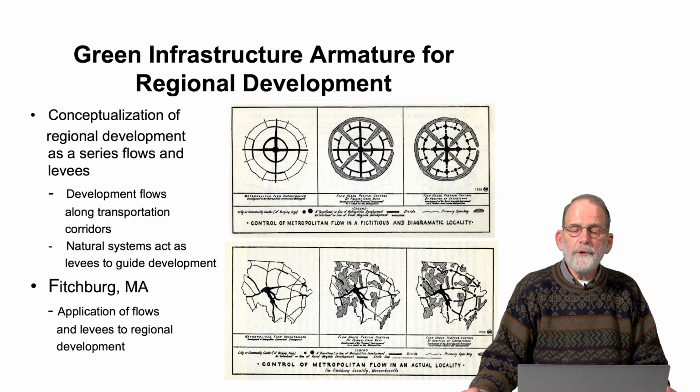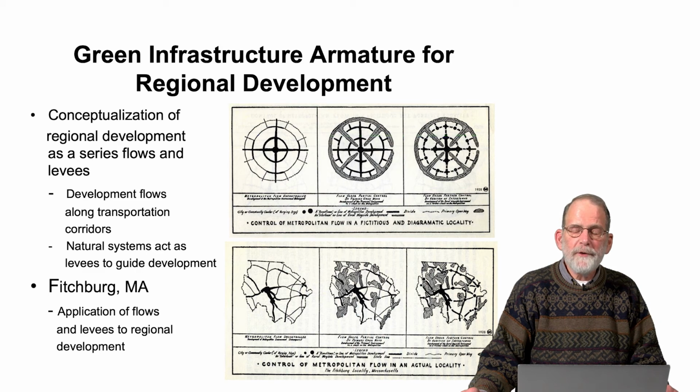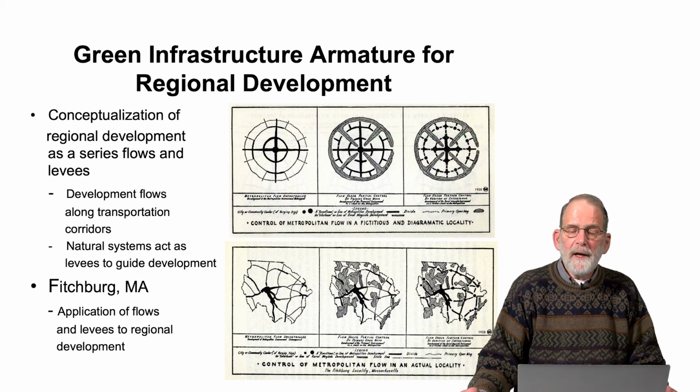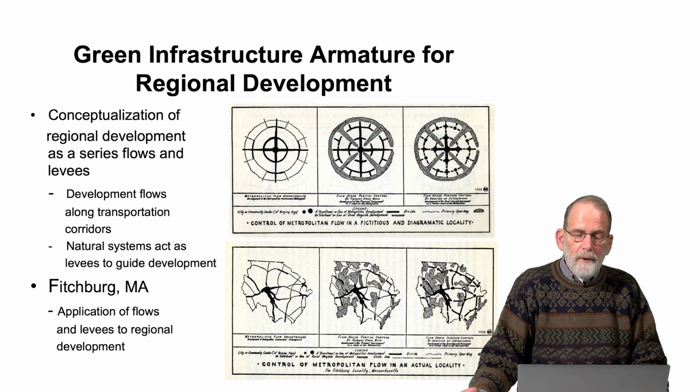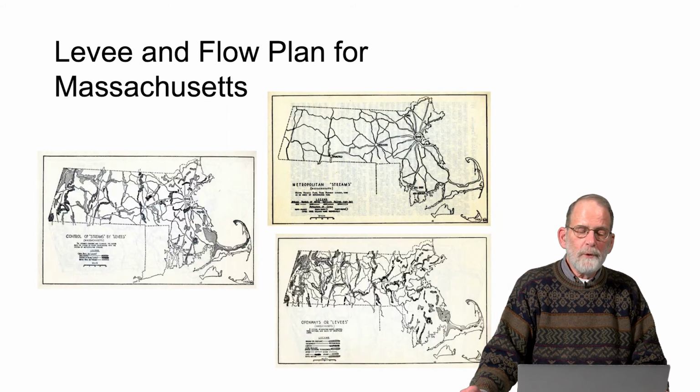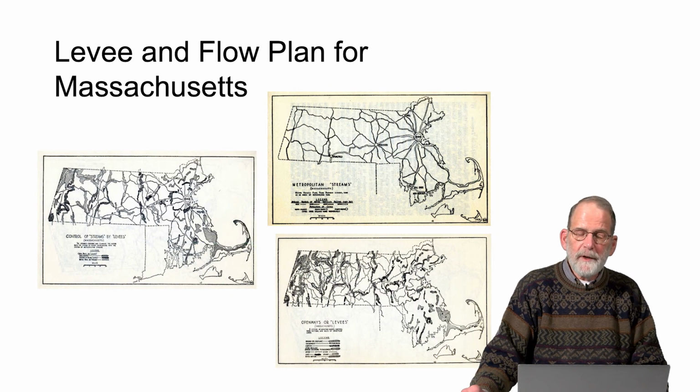So in other words, we're using natural resource and environmental information to be able to identify where to put the new highways and how to use the natural system levees as a way to organize communities associated with the patterns of development. This strategy was used in creating a plan for Fitchburg, Massachusetts, and we can see the flows coming out of the center of Fitchburg.